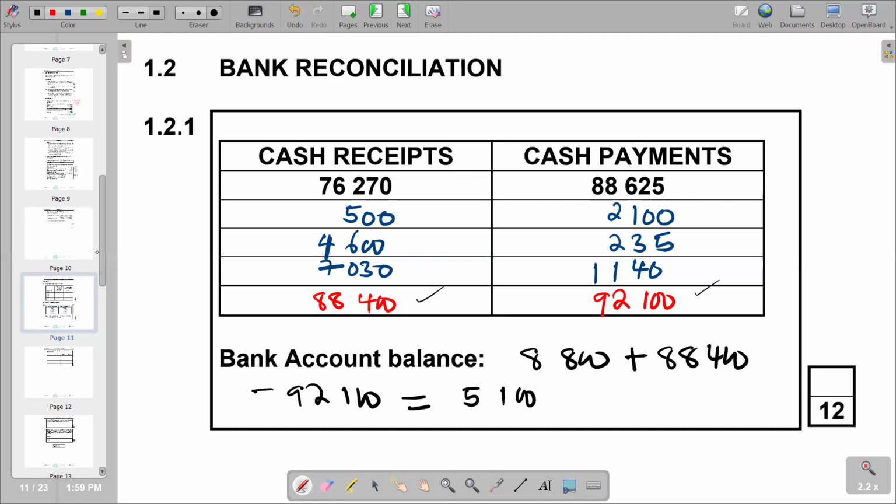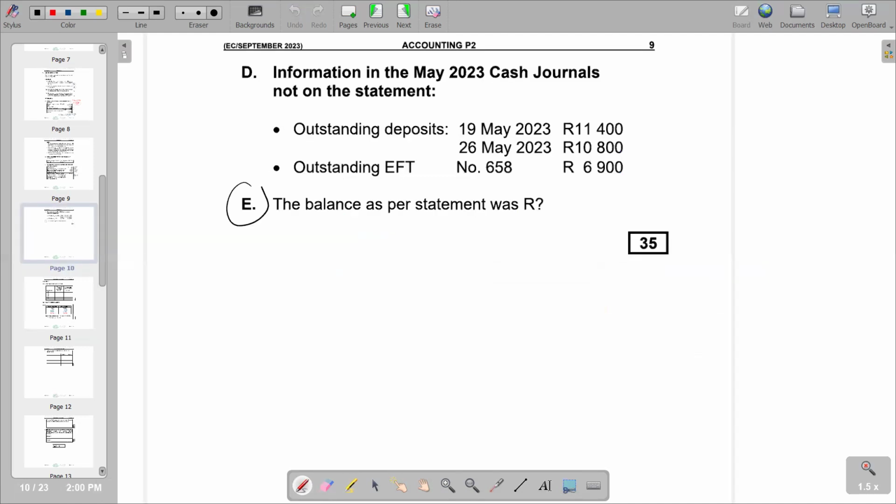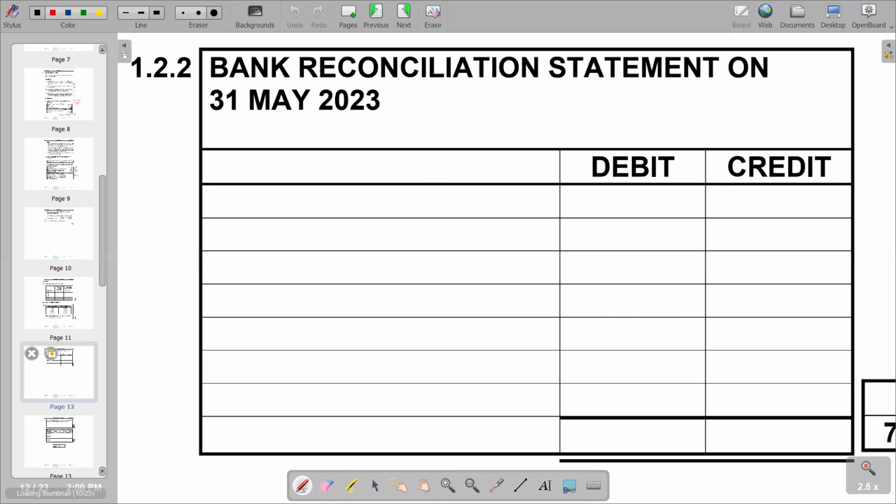So we go to the bank reconciliation. On information E, we are told that the balance as per statement was a question mark, which means we have to find it as a balancing figure. So this is our bank reconciliation statement, and we start with the balance as per statement.